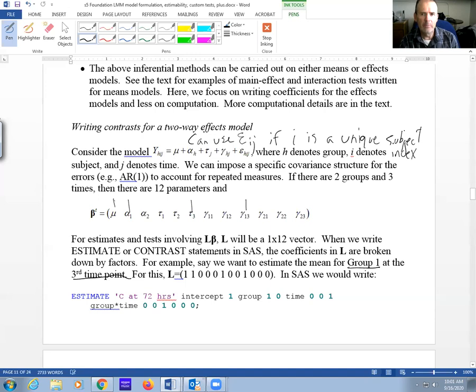That's the combination of the parameters that allows us to estimate what the first group has at the 3rd time point. When you write the estimate statement, you partition it by the sources. So instead of writing an L that looks like this, you break it down into intercept, group, time, group by time. It makes it easier. A lot of times in R, I think you have to write the actual L vector out. But for SAS, you can break it down by components.